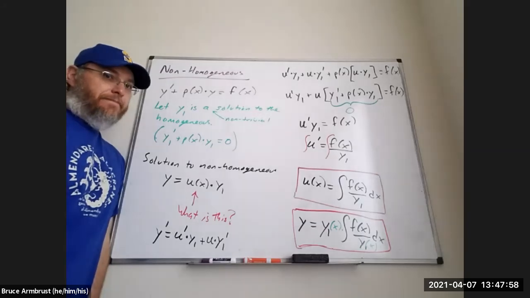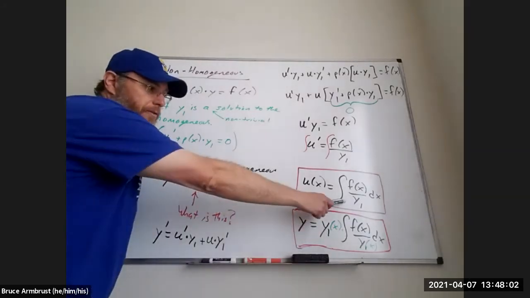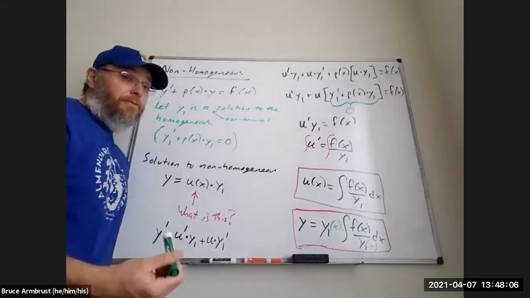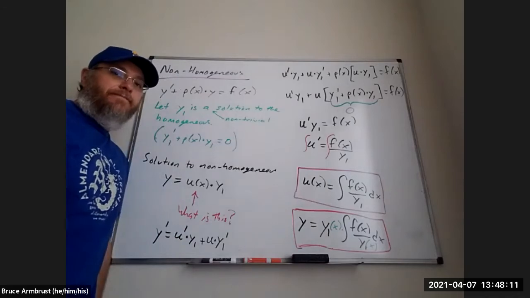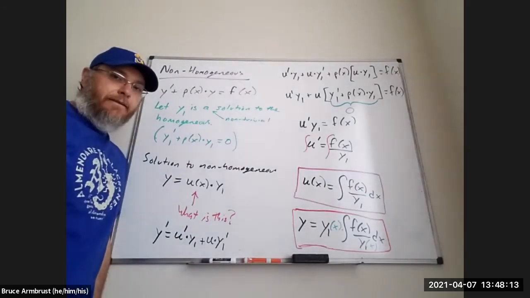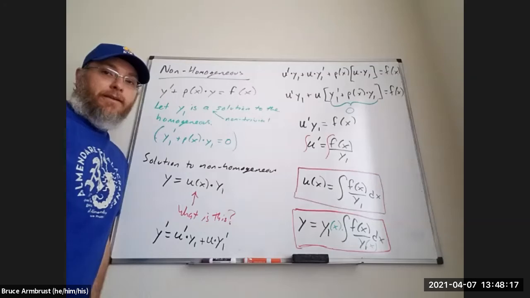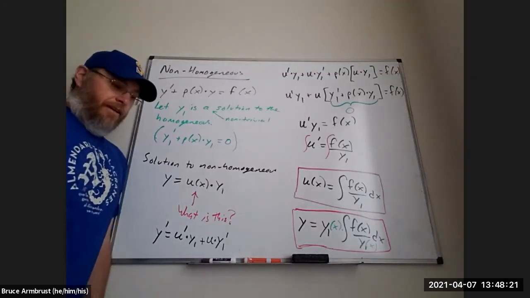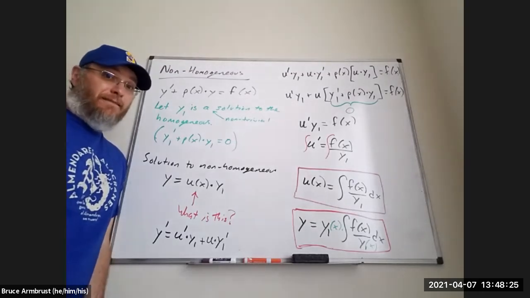It's not allowed. So the way you need to think about this is you do this integral first. You find your solution to the homogeneous, y1. You divide it into f. You integrate that. Then multiply by the y1. All right, so that's the process.